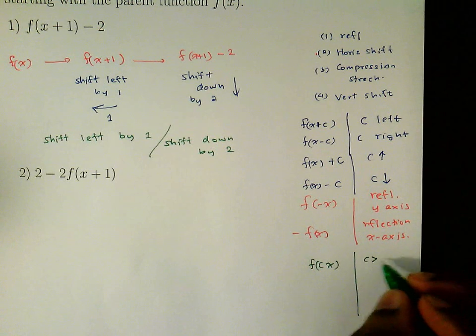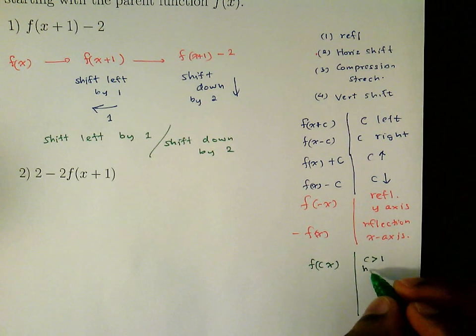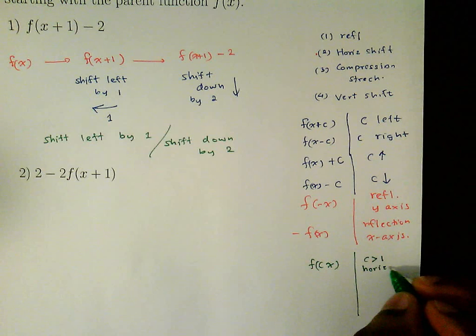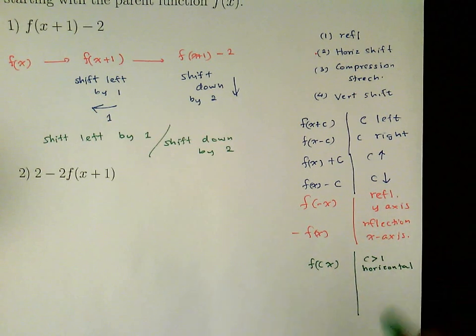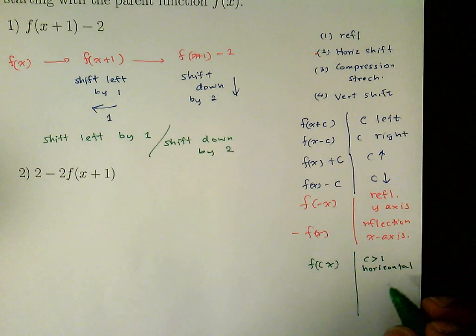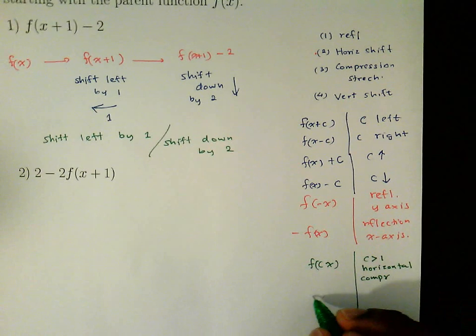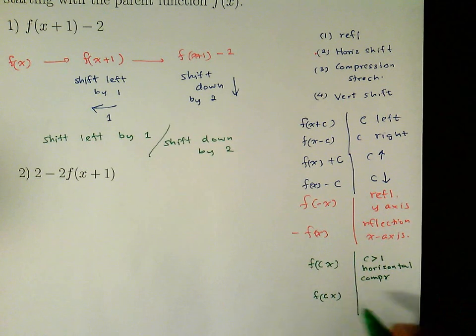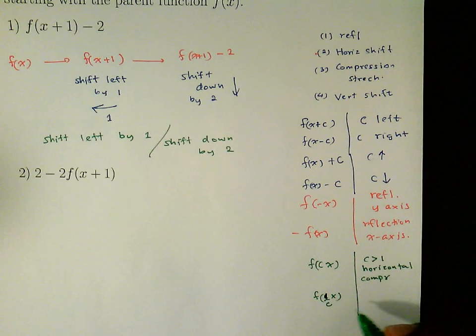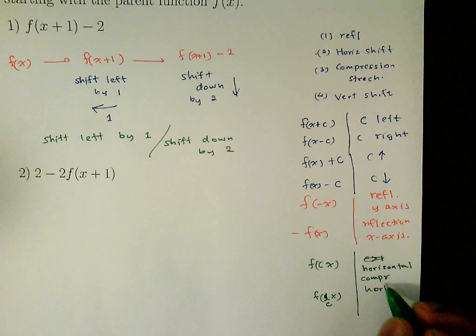If c is bigger than 1, it's a horizontal compression. f(cx), let's say f(1 over cx), that's how I did it in class, f of 1 over cx. Now in both cases c is bigger than 1, so that would be a horizontal stretch.